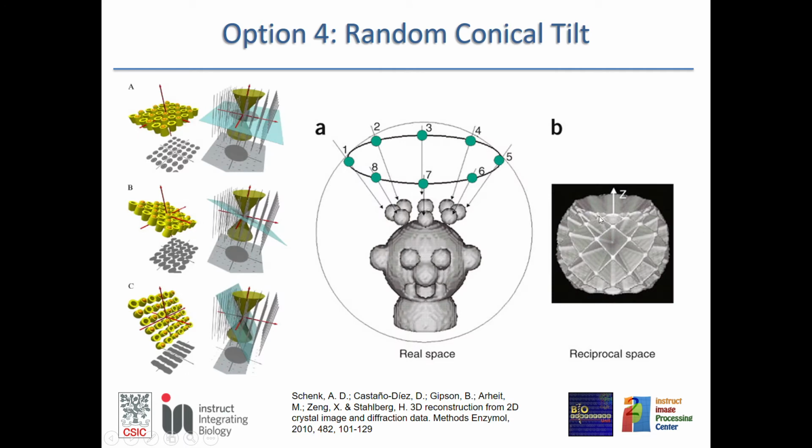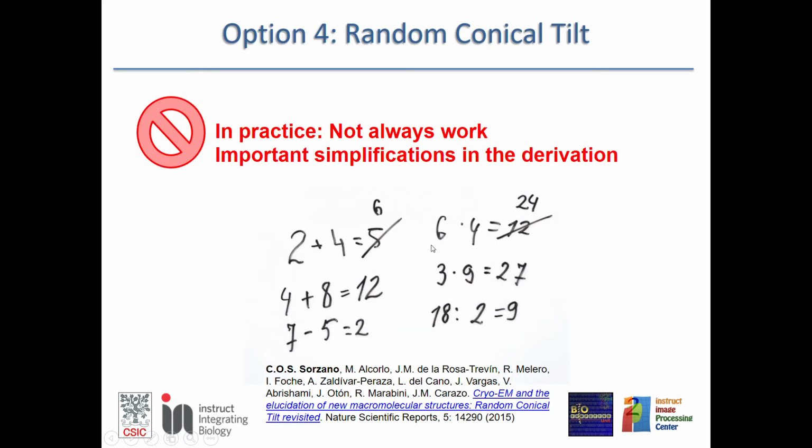So the 50 degrees tilted images are here, and they fill the space following a particular pattern. And this particular pattern has a missing wedge, a missing cone. So this missing cone causes the volume that you reconstruct to be elongated along the direction of the missing cone, so along this direction.